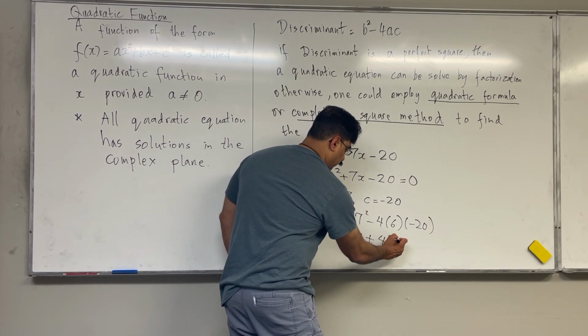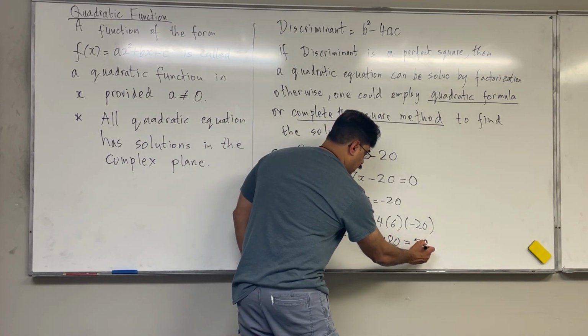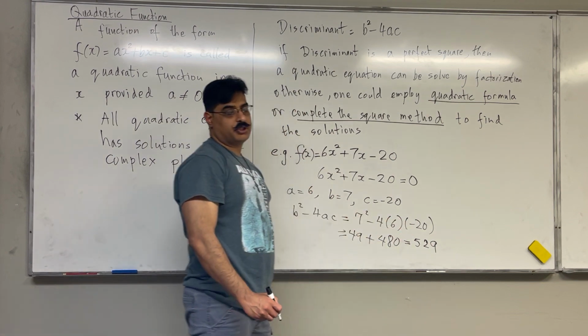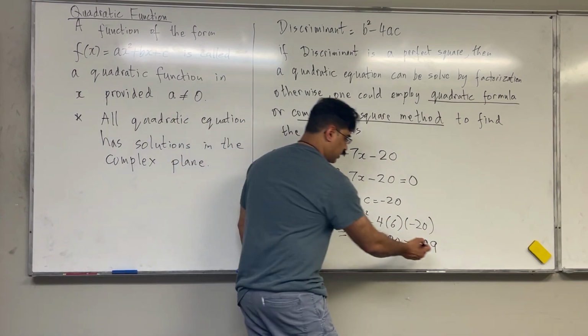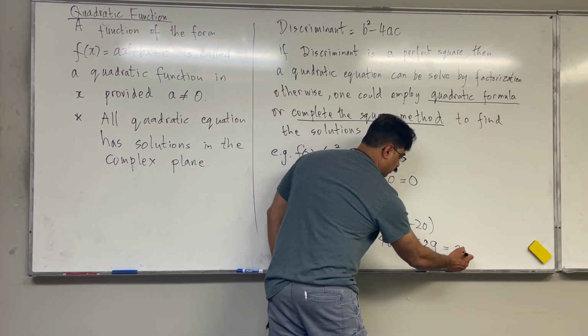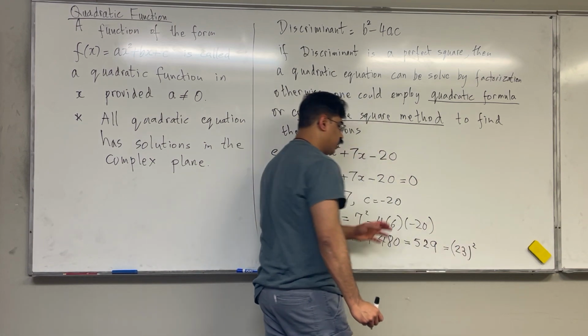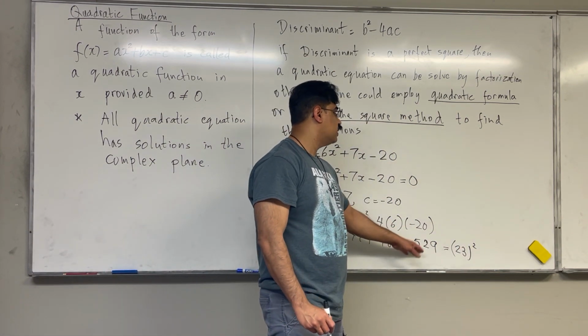This gives us 529, and it is a perfect square. Why? It is the square of 23. So when I square 23, I get 529.